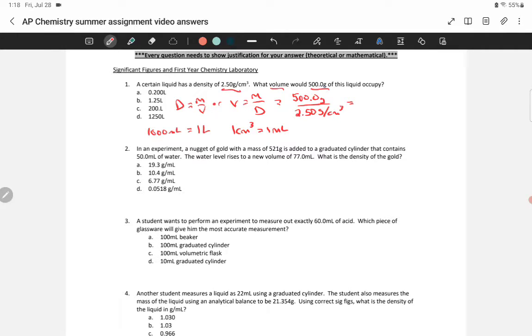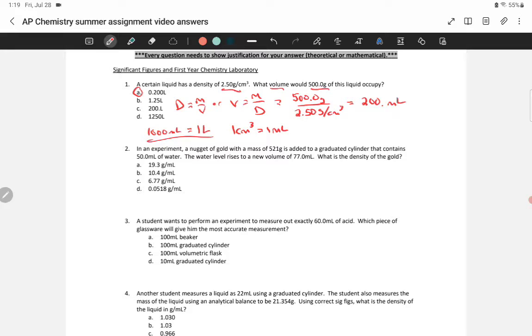So when you do that math, that's going to come out to be 200 milliliters. Well, we need to convert this to liters. So if we divide that by 1,000, we'll get answer A.